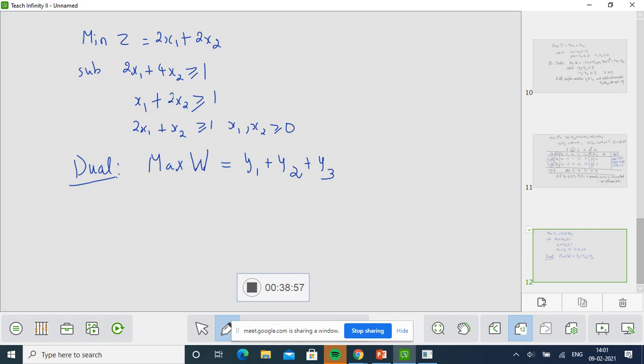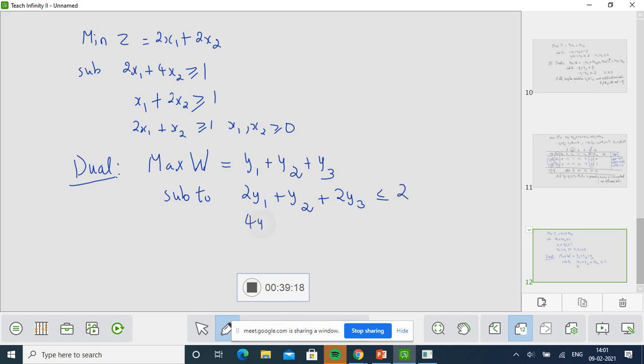So it is y1 plus y2 plus y3 subject to, what will I have? 2y1 plus y2 plus 2y3 less than or equal to 2.